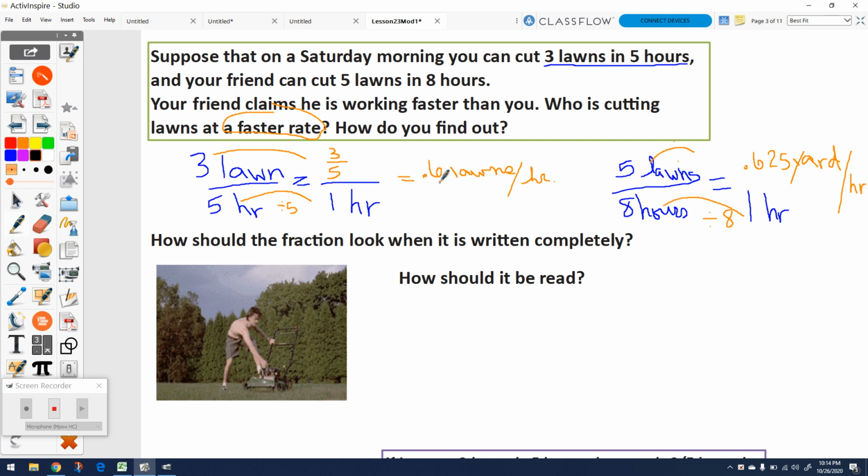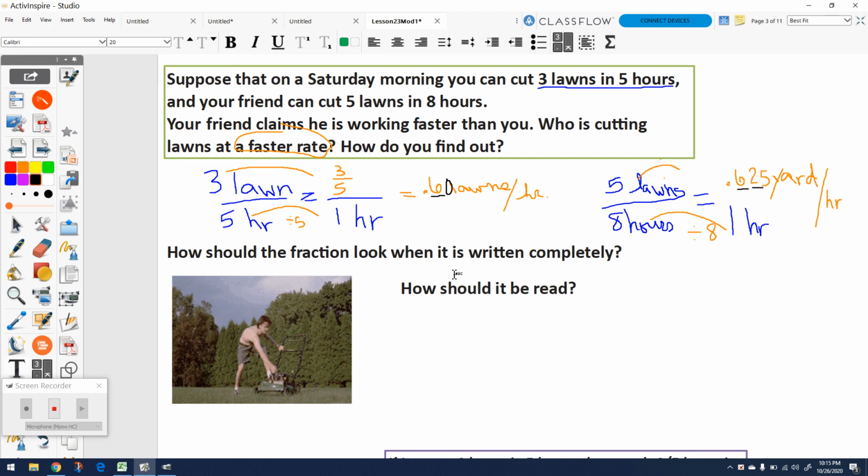The tenth spot is the same, and the hundredth spot here is a 0, and over here would be a 2, so that's greater. So your friend would actually be the faster. So who should win? The friend.